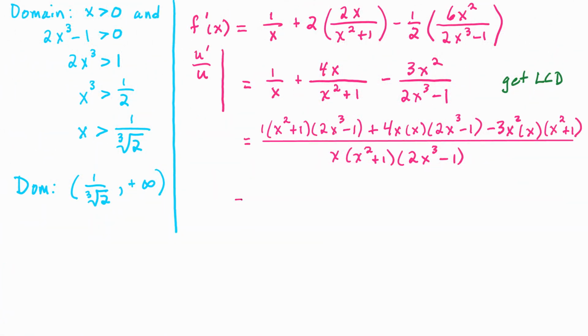We continue to simplify, and in this first term we will need to FOIL that out. We will get 2x to the 5th minus x squared plus 2x cubed minus 1.